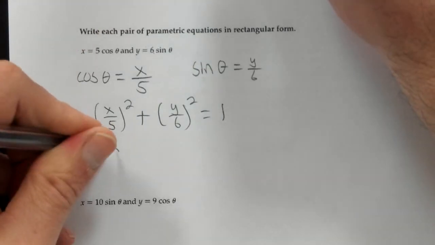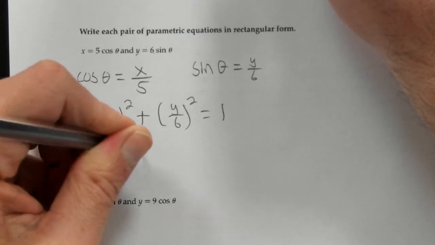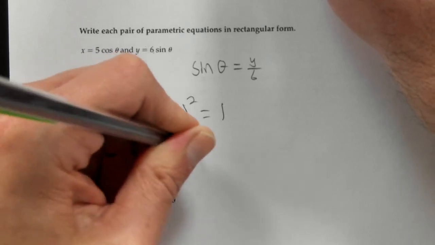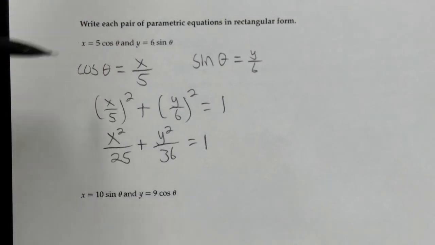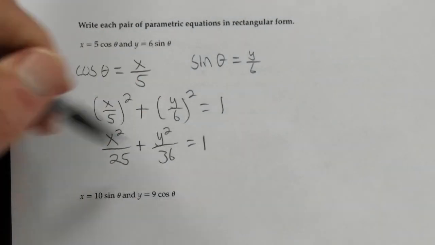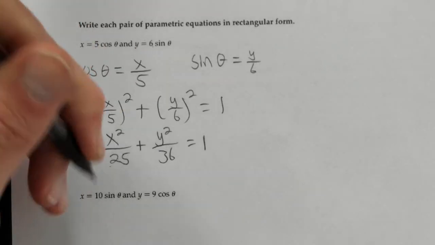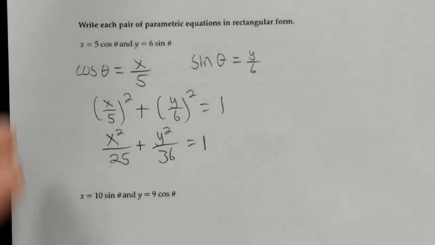I can square that out now and get x squared over 25 plus y squared over 36 is equal to 1. In this particular one, we're just asked to write it in rectangular form, but if we were asked to graph it, then we could recognize this as an ellipse. We could get our a and b, put in the vertices, and go from there.